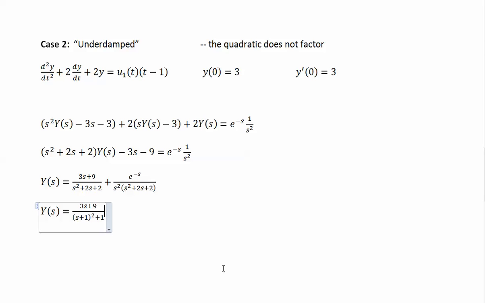And in fact, because we're going to have one of each, the 3s will be one of them, and the 9 will be the other. Let me break this up into two pieces. Let me just make the 3s part, and then plus 9 over, and then we'll have the same denominator.